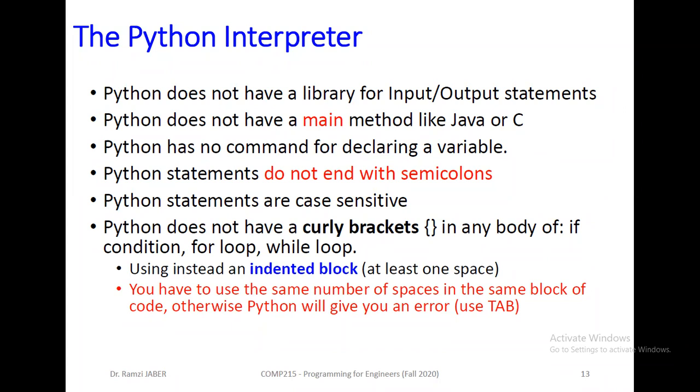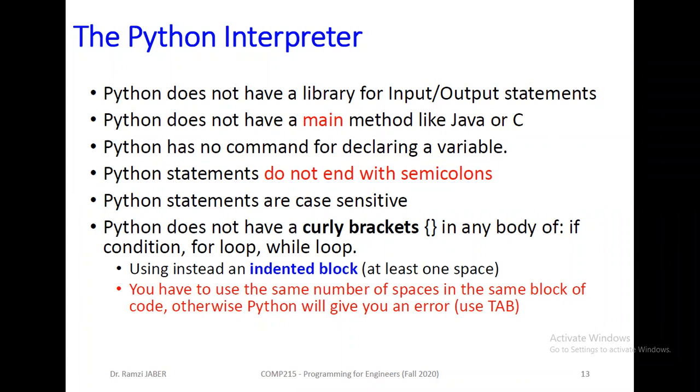So in Python, we don't need to do that. Also, Python has no command for declaring a variable like in C. In C, if you use variable x to be integer or float or double or character, you need to declare it before you use it.